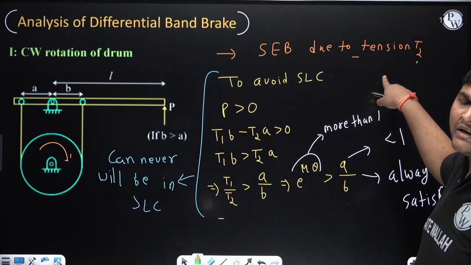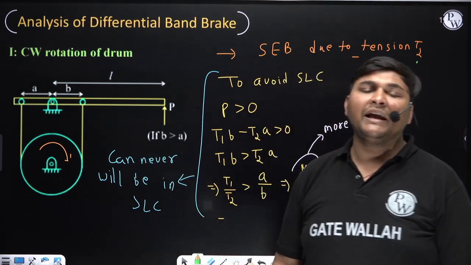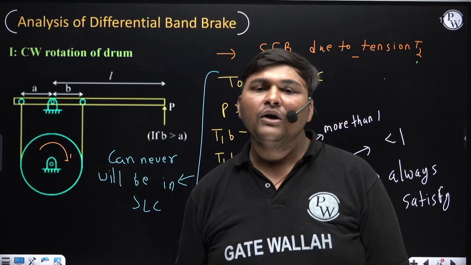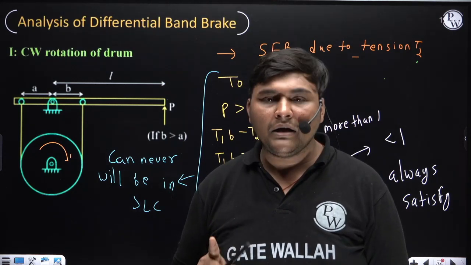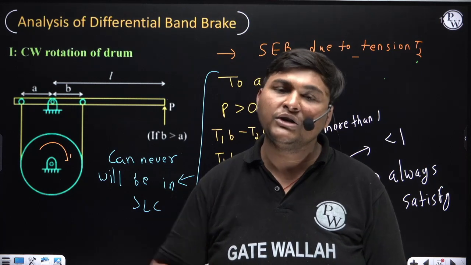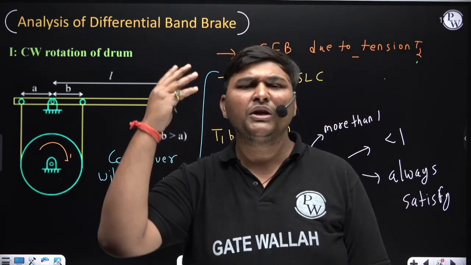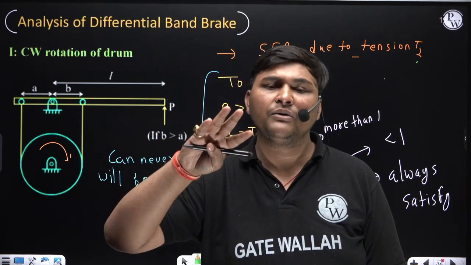And if it is self-energized due to tension T2, it will never come into self-locking condition. Means, what you can remember is that in a differential band brake, whether the drum is rotating clockwise or anti-clockwise, it will always be a self-energizing brake. Whether it is due to T1 or T2, that is a different thing.